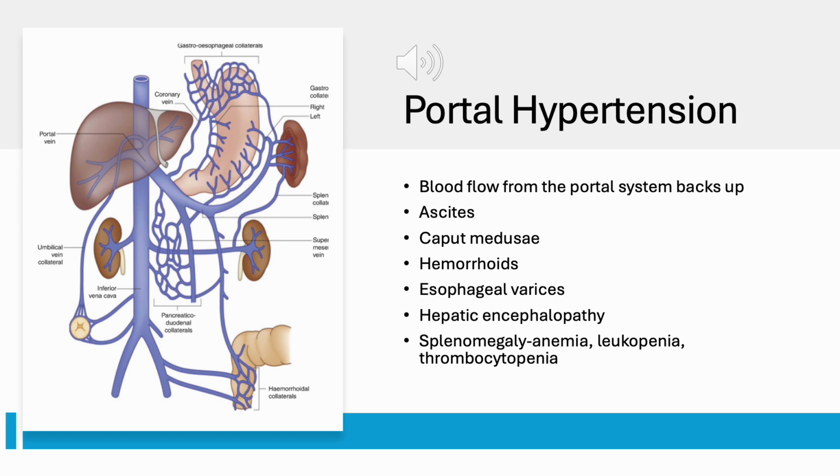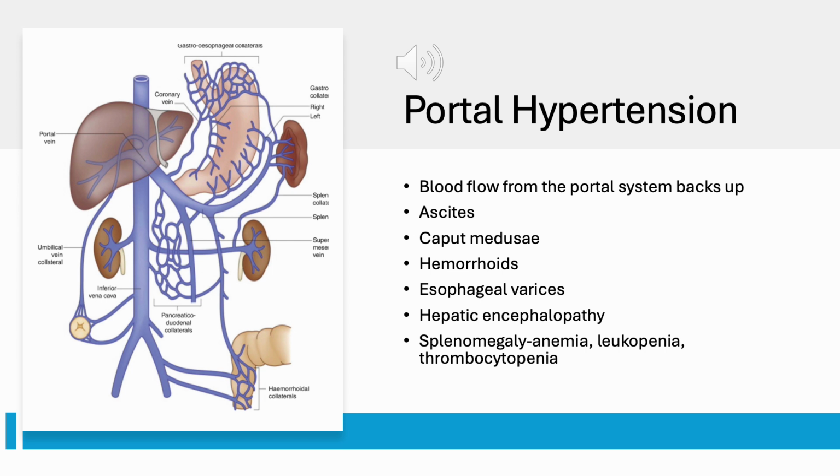Patients with cirrhosis develop portal hypertension. The portal vascular system is a venous system that takes blood from the small intestine and brings it back to the liver for detoxification. So nutrient-rich blood. What happens is over time, when the liver becomes fibrotic, there is backup of blood in the portal system, and the patient develops what is known as portal hypertension.